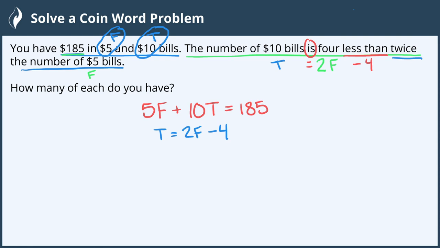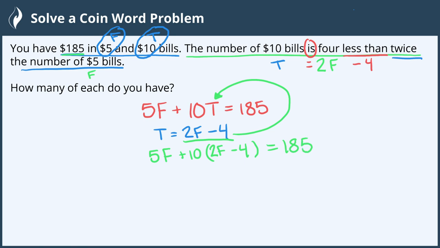Now that we have our two equations, we can substitute this into our first equation for T because that's what T equals. So we end up with 5F plus 10, and when we substitute, we'll substitute with parentheses, and in for T, we put 2F minus 4, and this total is $185.